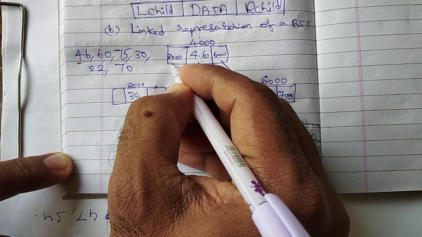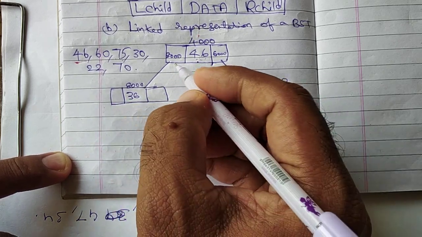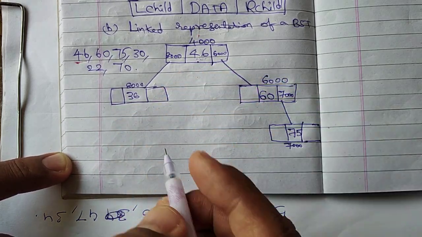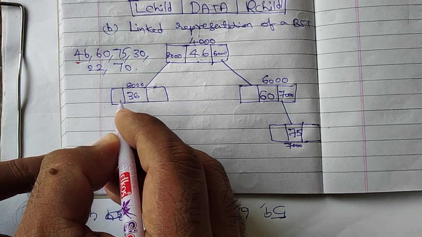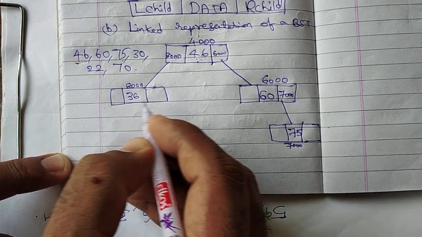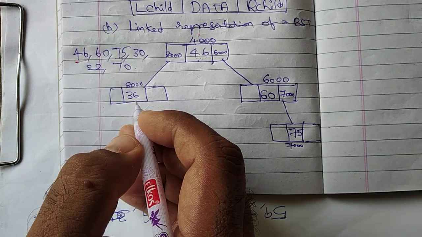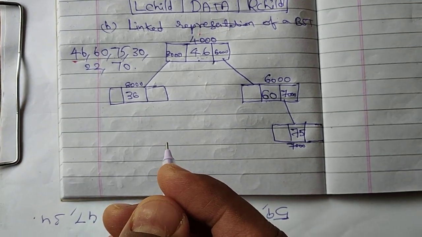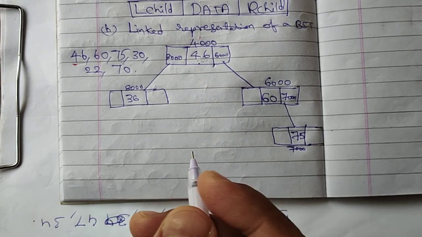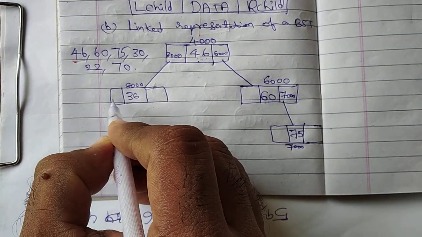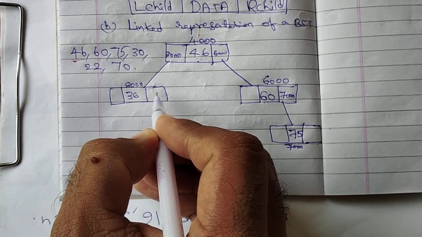Place it here. It will create a link between 46 and 30. Now there are no child nodes, so simply put null here and null here also.